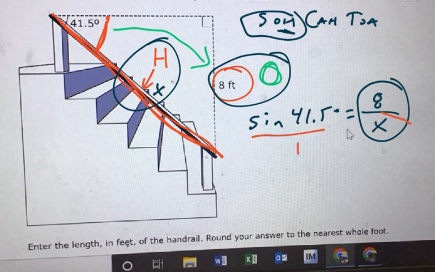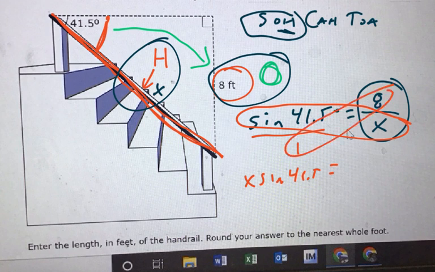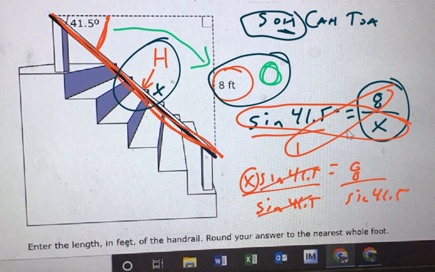And we know that x times sine of that 41.5 degrees has to equal 8 times 1, which is 8. So notice, to solve for x here, I have to divide by the sine of 41.5. And so 8 divided by sine of 41.5 is going to give me the length of that railing.